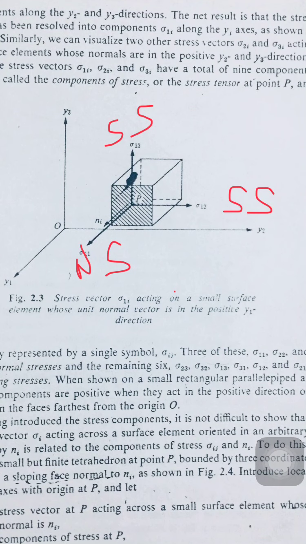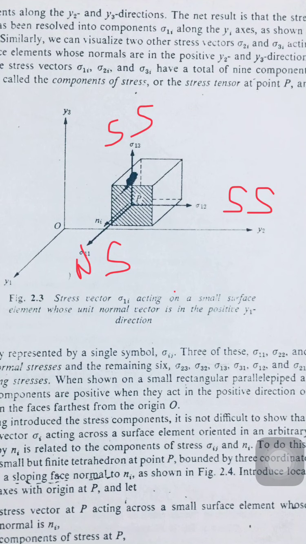Having introduced the stress components, it is not difficult to show that the stress vector sigma i acting across a surface element oriented in an arbitrary direction by Ni is related to the components of stress sigma ij.